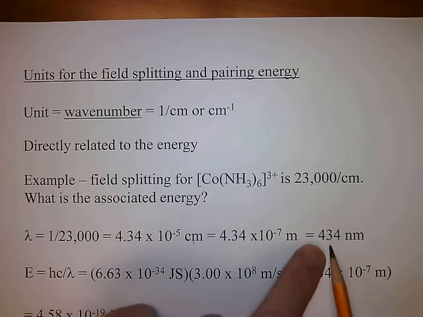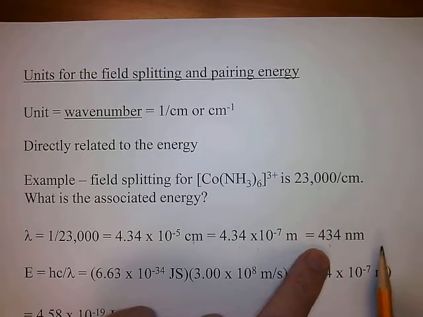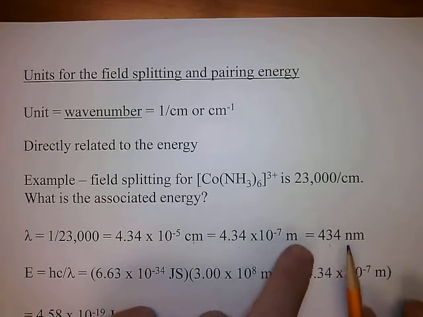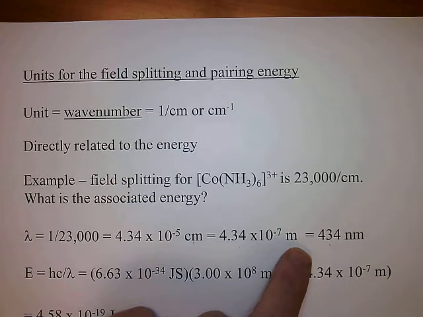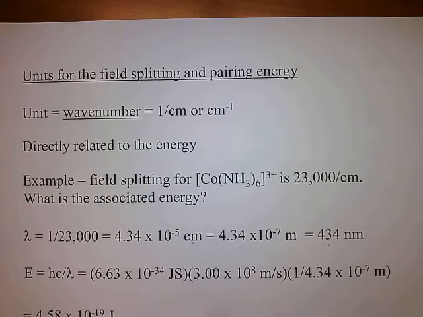So you might remember that the visible spectrum falls from 400 to 750, right? So this does in fact fall in the visible region. Remember I said that the splitting of the orbitals falls in the visible region of the spectrum. So 434 does fall within the visible region, barely.